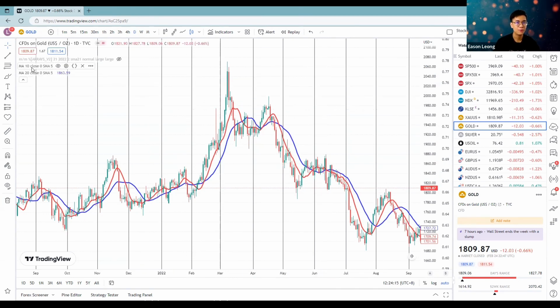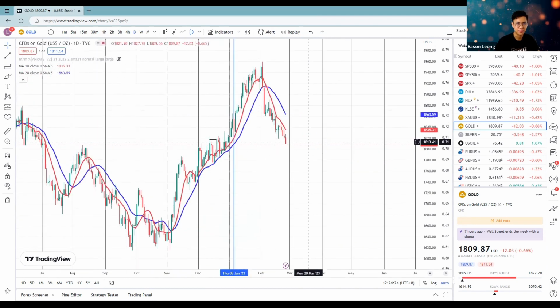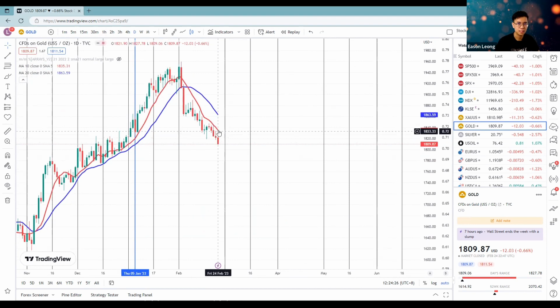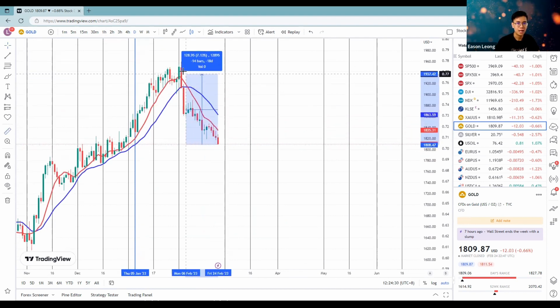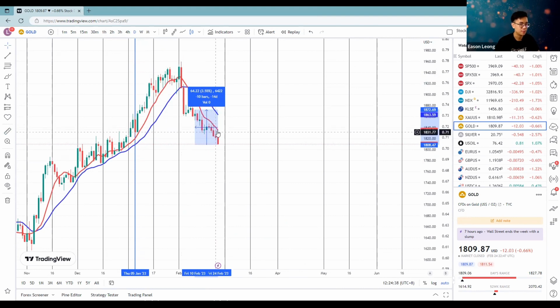Moving average of 10 refers to the average price of the last 10 candlesticks. For example, let's say that right now the market is here. This is the 10 moving average. It basically calculates the average price of the last 10 candlesticks, which is here, and then plots it here. Just nice, average.